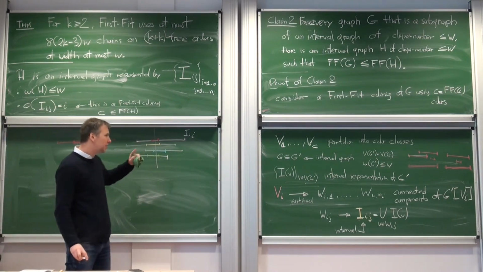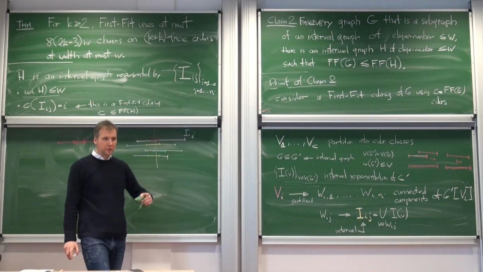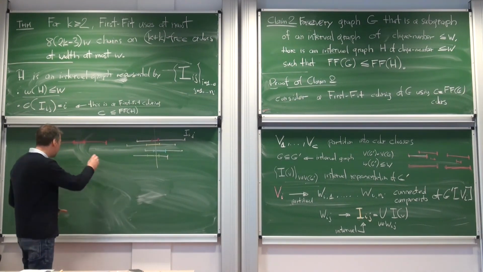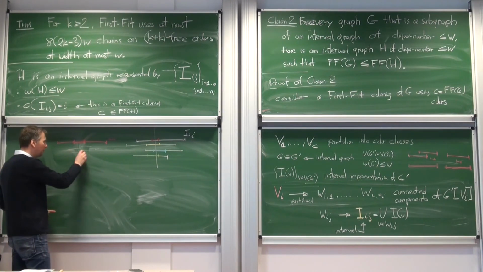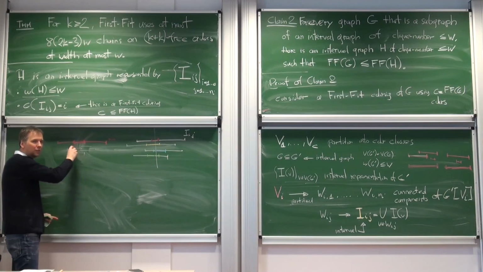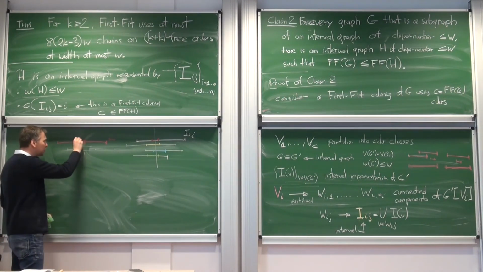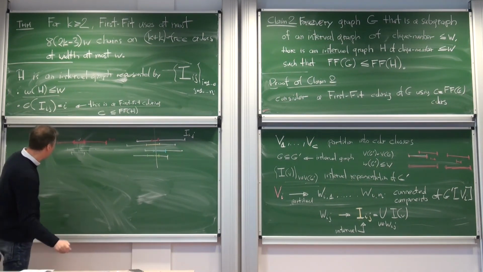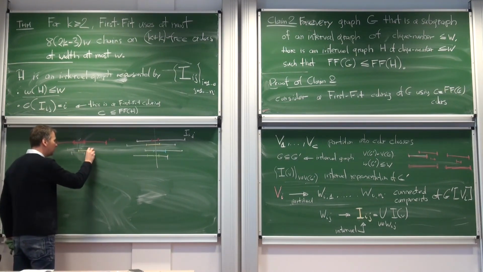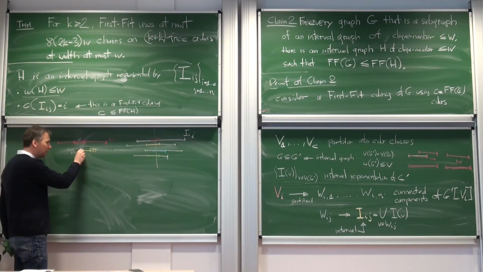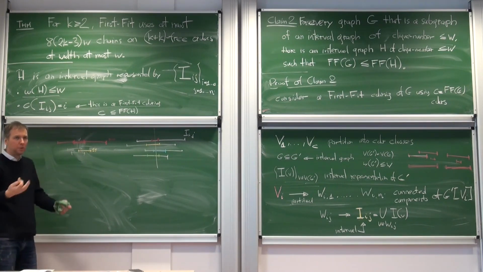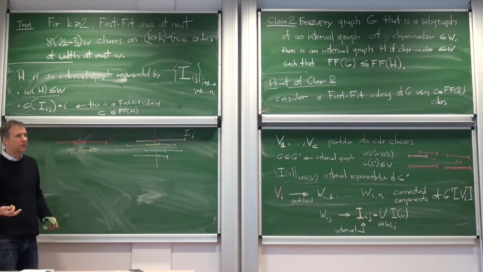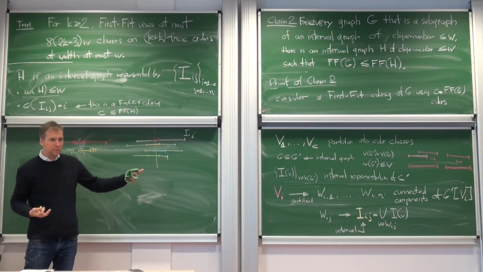So G is not necessarily an interval graph, but it's a subgraph of an interval graph. So it means when I draw these intervals here of G prime, I don't necessarily have an edge in G. But all the neighbors of this vertex must be intervals that intersected, must be contained here, yeah? So this means that among them I must see some guy of color 99. And now this little guy of color 99 contributes to the component of color 99 in G prime, yes?